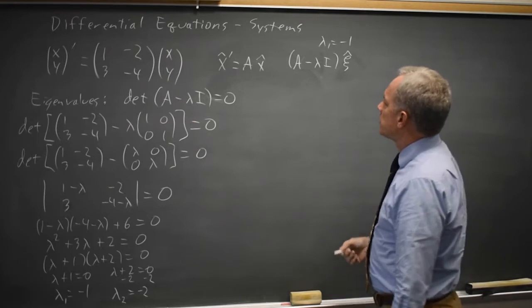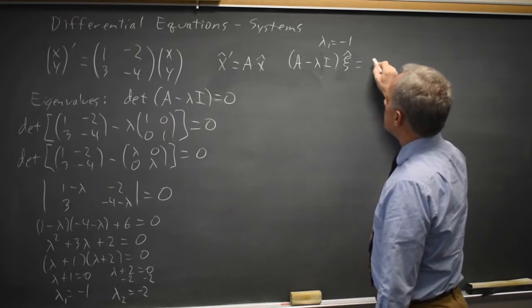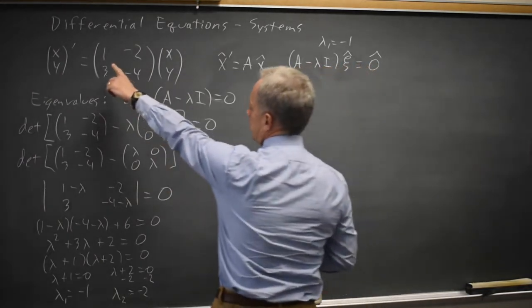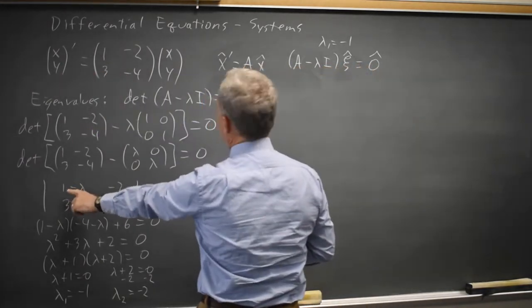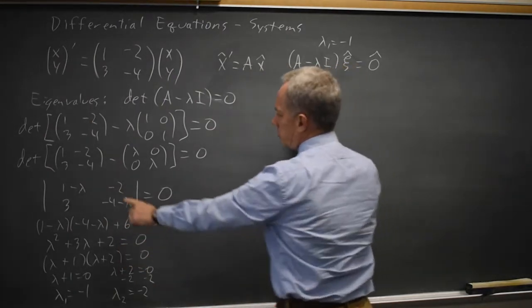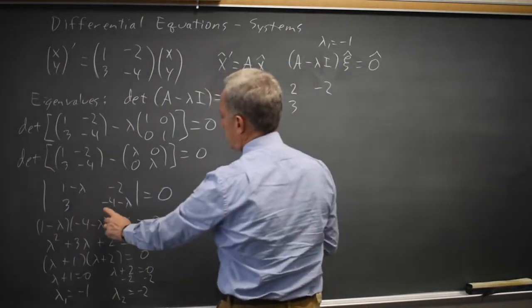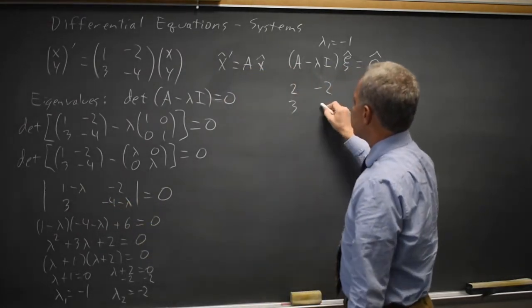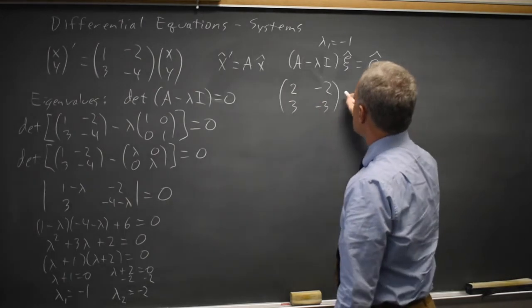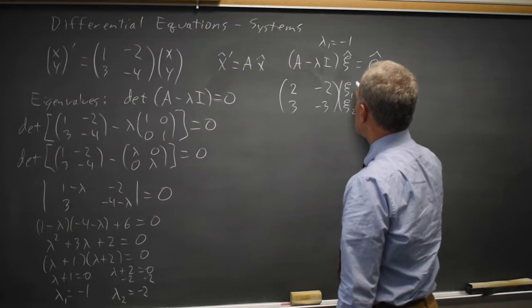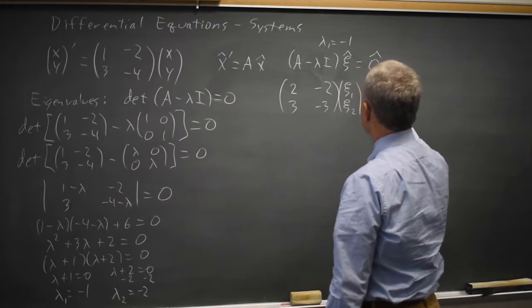Xi is a Greek x, equals the 0 vector. So matrix A minus lambda times the identity is 1 minus negative 1 is 2, and negative 2, 3, and negative 4 minus negative 1 is negative 4 plus 1 is negative 3, times C1, C2 equals the 0 vector.